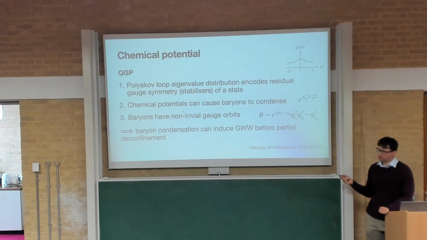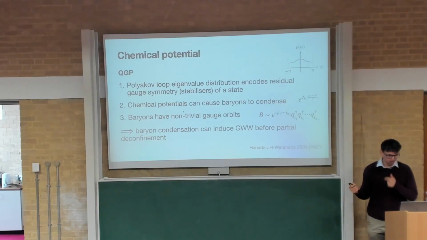In that case, there are arguments to show that the Gross-Witten-Wadia point occurs before the transition to the partially deconfined phase in some situations when you have a high chemical potential. The reason for that is that the chemical potential causes baryons to condense, and the baryons explicitly break the gauge stabilizers of the state.